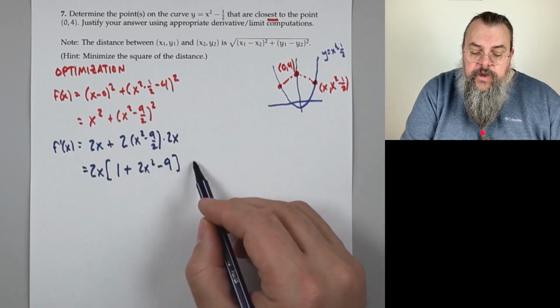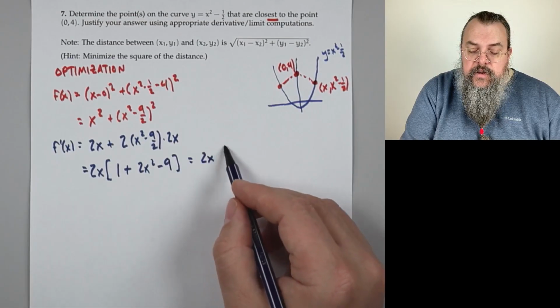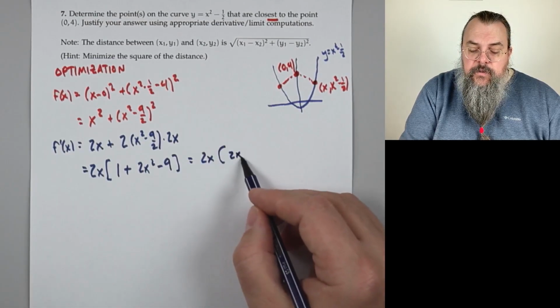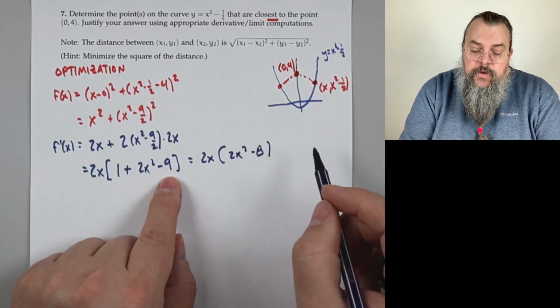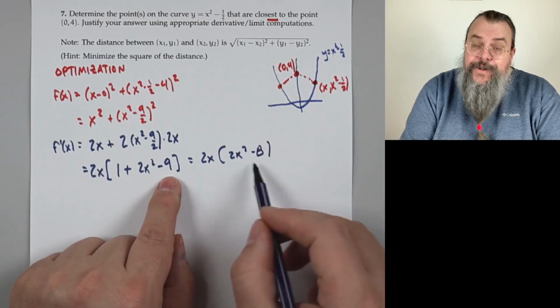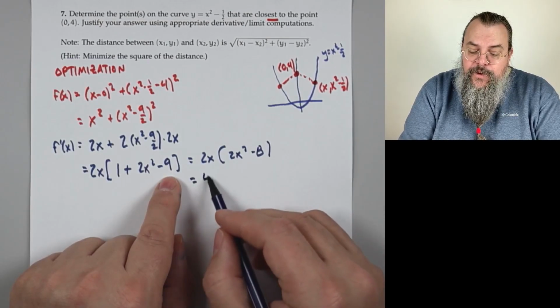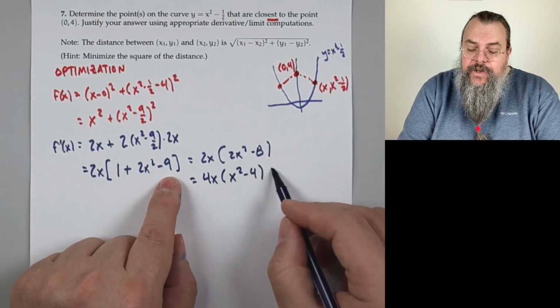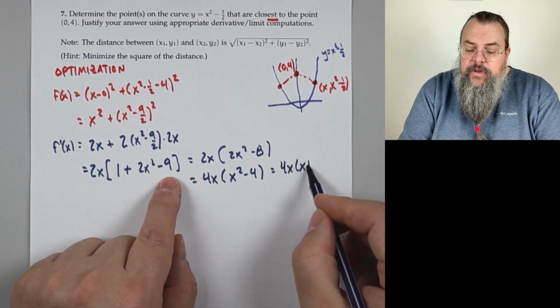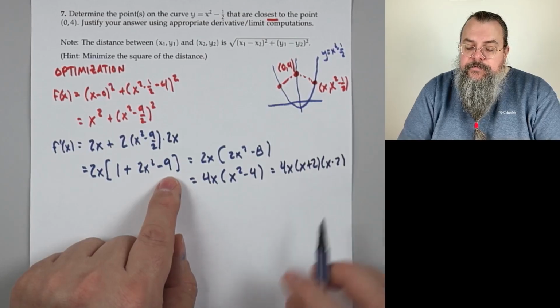Or, that's really 2x times 2x squared minus 8. Well, you can factor out another 2, and that makes this 4x times x squared minus 4, which is 4x, x plus 2, x minus 2.